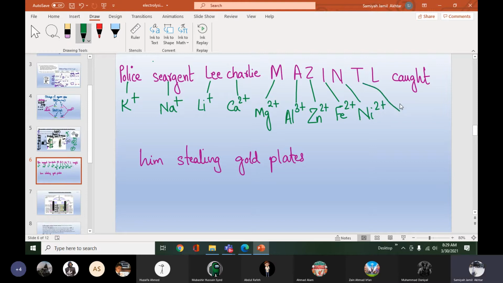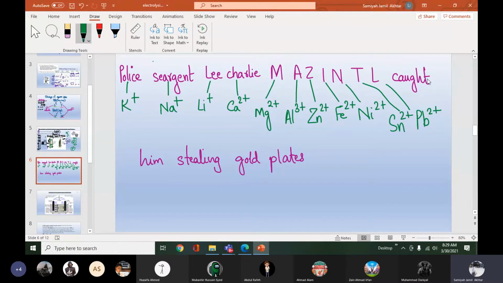From T, it's tin, Sn. From L, it's lead.